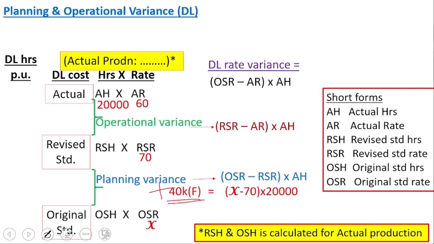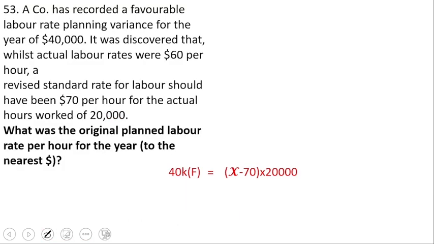Here we have to put a plus sign because it's a favorable variance. If it was an adverse variance, please note that here it will be a negative sign. But thankfully in this particular case, since it is a favorable variance, it's a positive sign. So plus 40,000 is equal to x minus 70 multiplied by 20,000. So I've just copied the equation into the next slide.